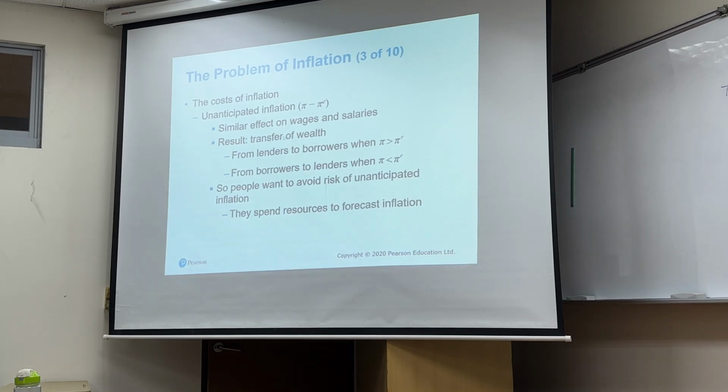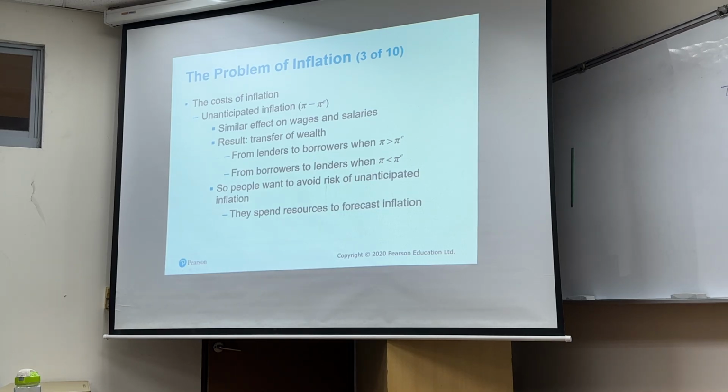Now get to our example on the blackboard. The result: transfer of wealth. If you expect the inflation, then you will be better off. If you are the borrower, you get benefit out of it.